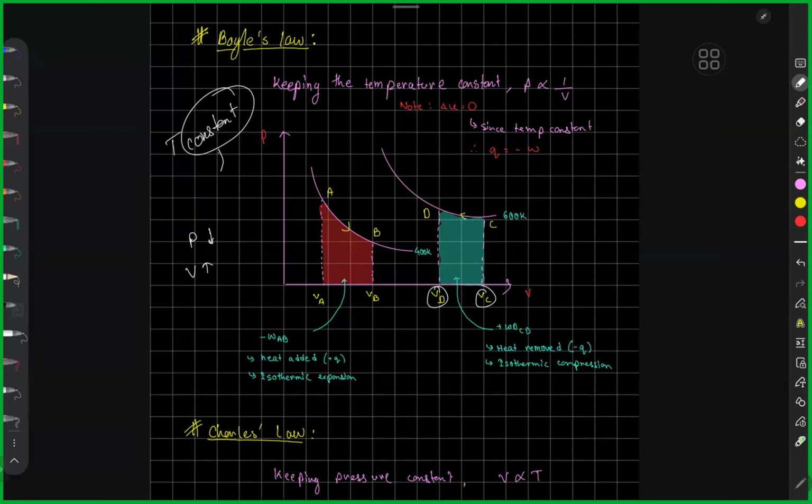So if temperature is constant, what can you say about internal energy? What happens to internal energy if the temperature is constant?